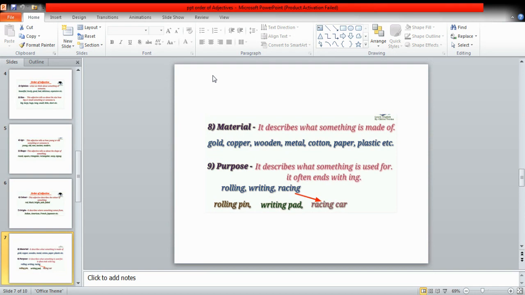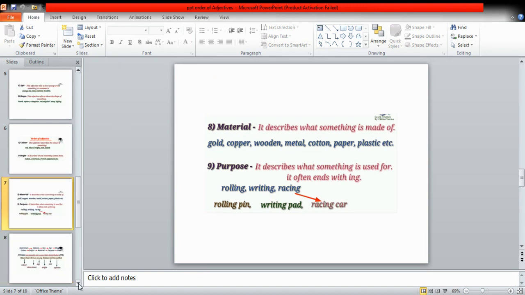Suppose you have to write a racing car or a writing pad or a rolling pin, whatever kind of word is there just before the noun, it would be the adjective of purpose. This is what you have to keep in mind, because right after purpose, the last thing in the sentence would be the noun.